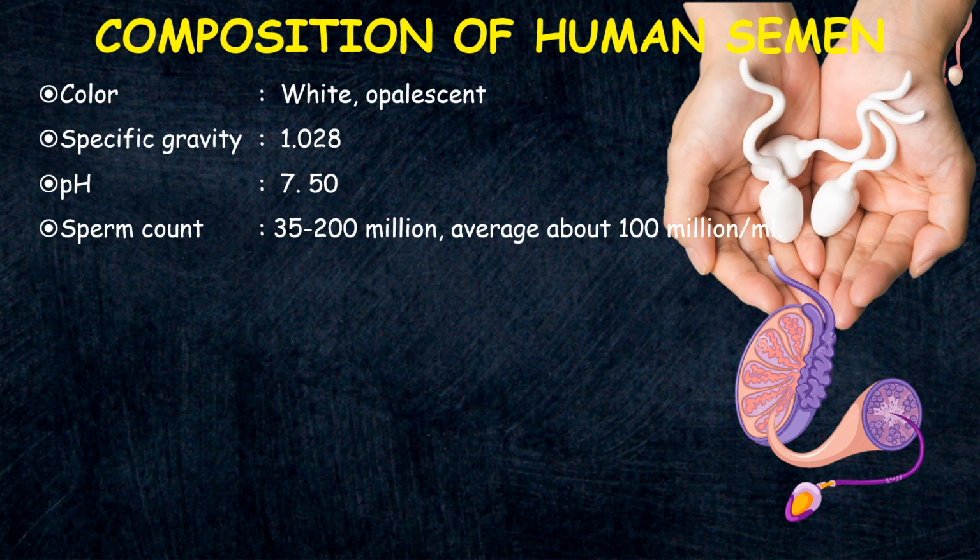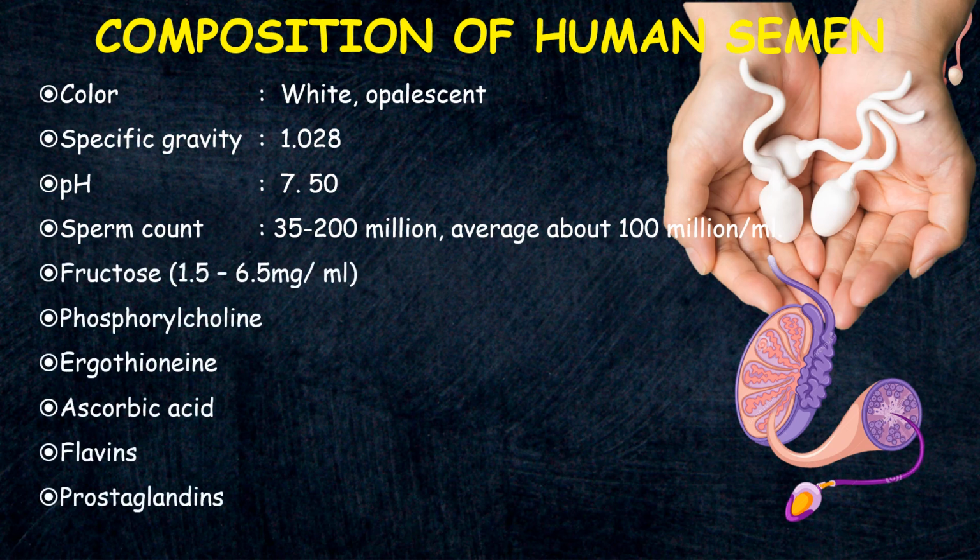Those with a count under 20 million per ml are considered sterile. Although we need only one sperm to fertilize an ovum, even 20 million per ml is considered sterile.